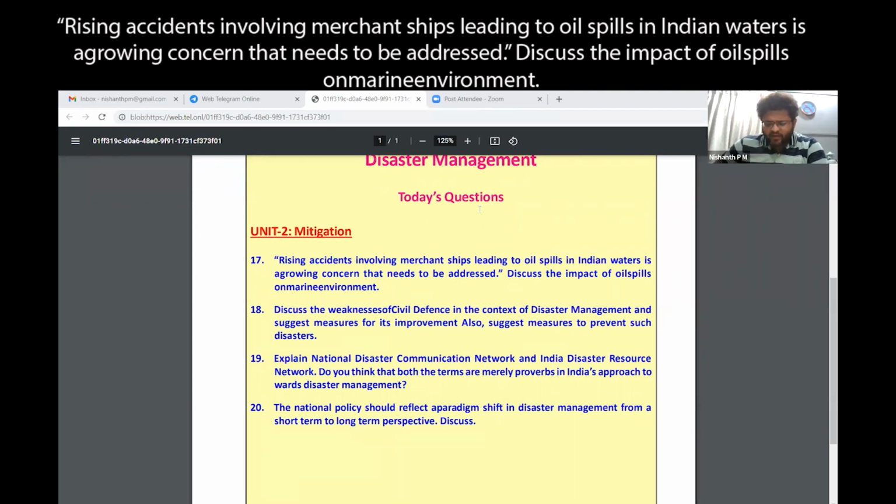And then you can use devices like skimmers, which segregate the oil and water. And you can treat the water with chemicals and remove the oil content from the water.